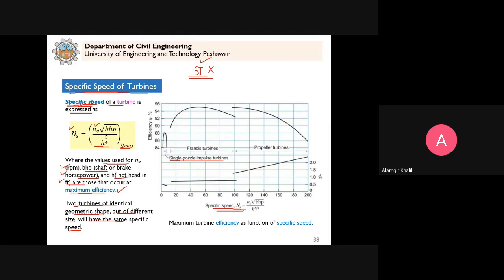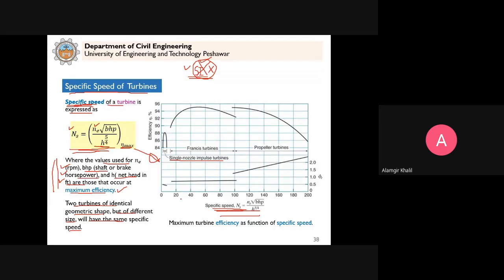But in our textbook, it is written that because of the difficulty of carrying everything in different units, they only give the equation that is related to this graph, and this is only for the British gravitational system, not for SI system. You can refer to other books if you are interested to find the graph that is developed for SI system of units or ranges. They give ranges and tables for SI system of units for these different types of turbines. So this graph is only applicable for this equation for these units.